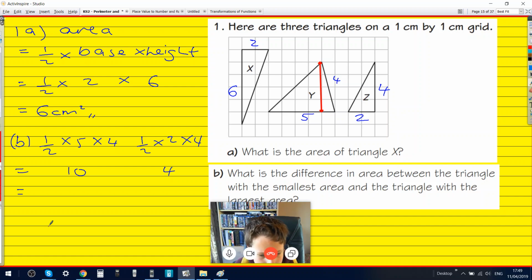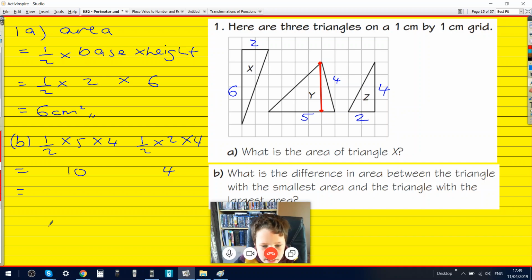Well, we want the difference between triangle Y and triangle Z, the areas. Oh yeah, of course. So for triangle Y.